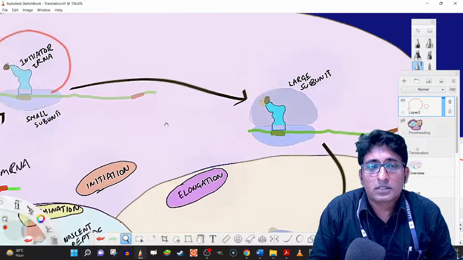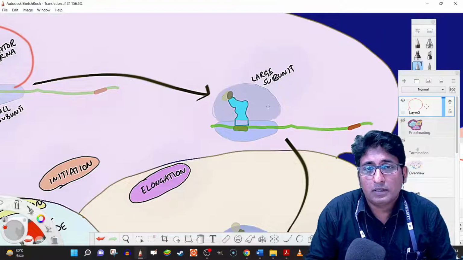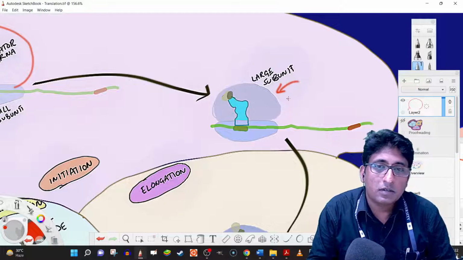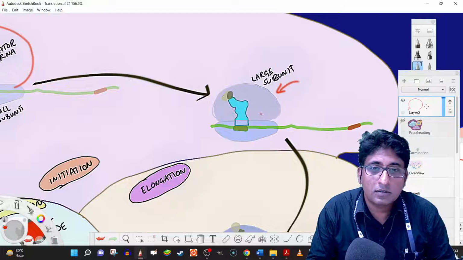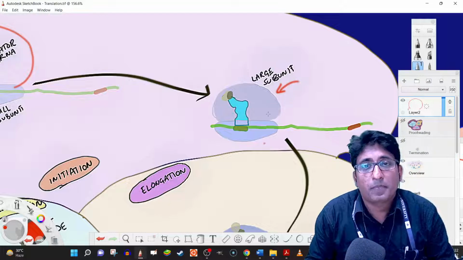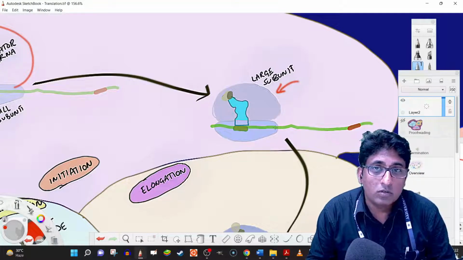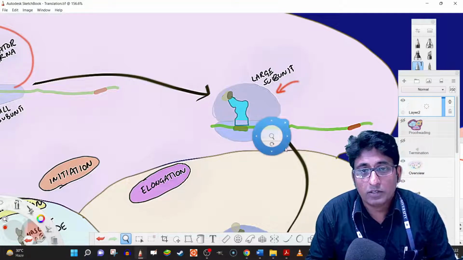Then onwards, we have more and more charged tRNA brought into the ribosome, and that is how initiation will move on to a phase that is elongation.